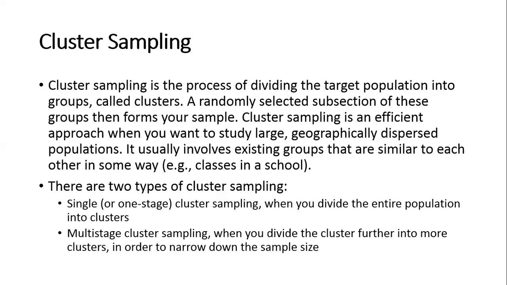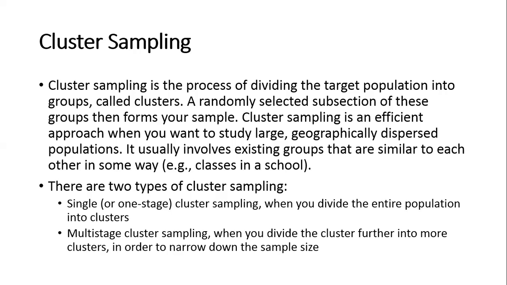just like the other one. A randomly selected subgroup of these groups then forms your sample. Cluster sampling is an efficient approach when you want to study a large geographically dispersed population.